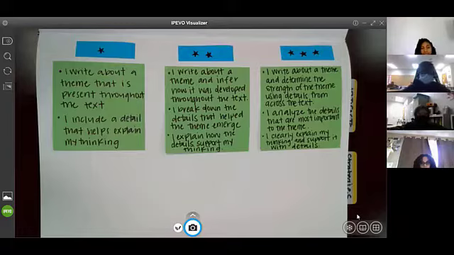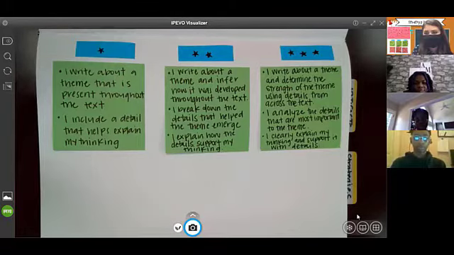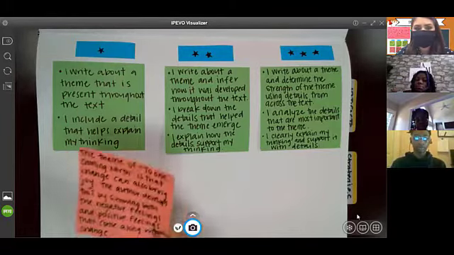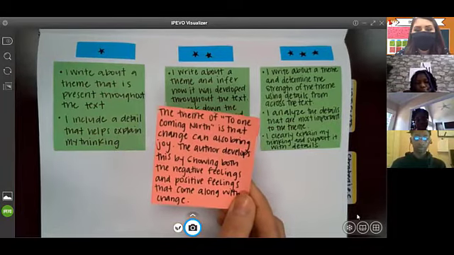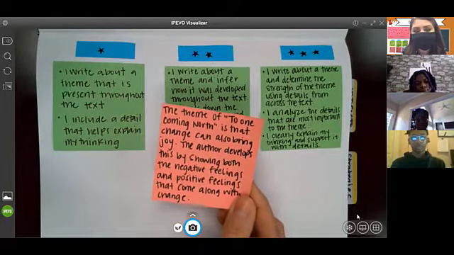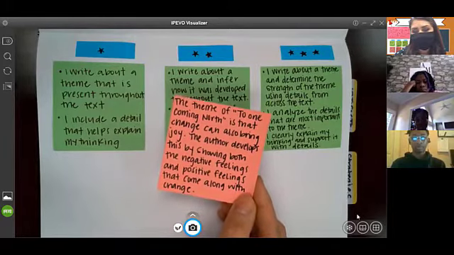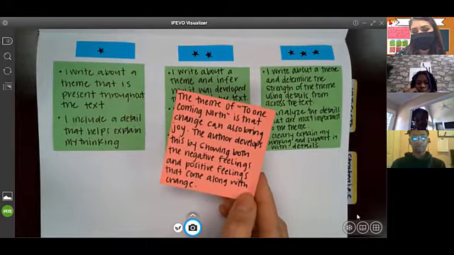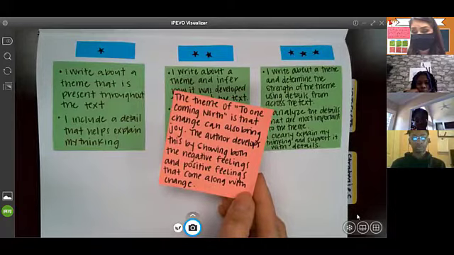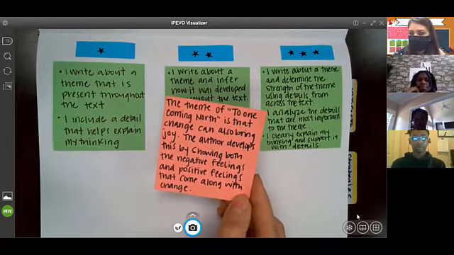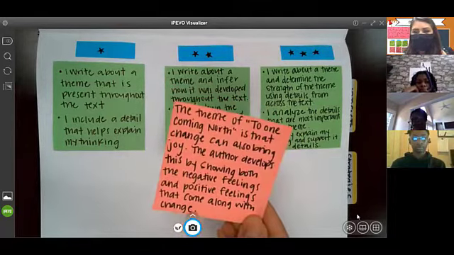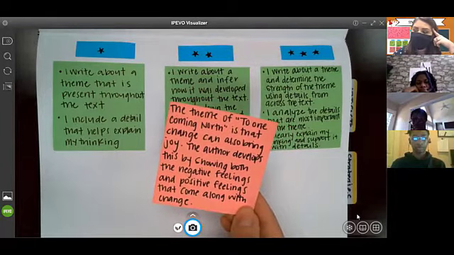Great. So the jotting that I wrote down today about the theme was actually the theme of To One Coming North is that change can also bring joy. The author develops this by showing both the negative feelings and positive feelings that came along with change. And that was something we talked about in class today. So when I'm asking myself, where does my writing fall?